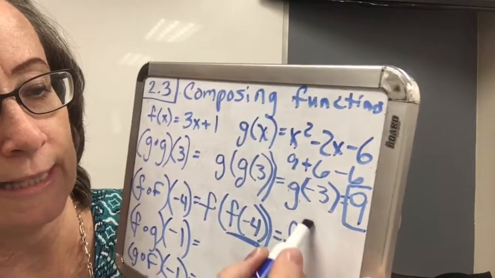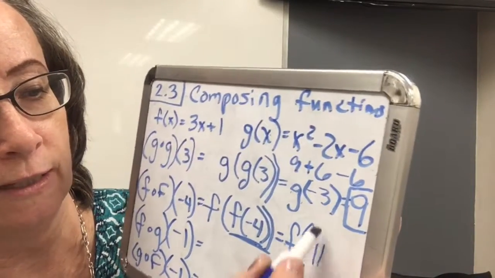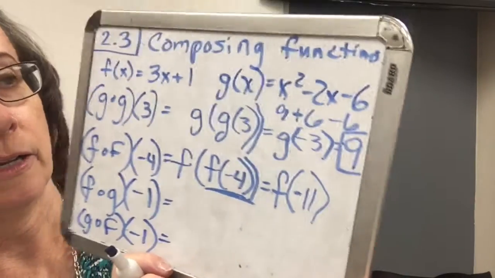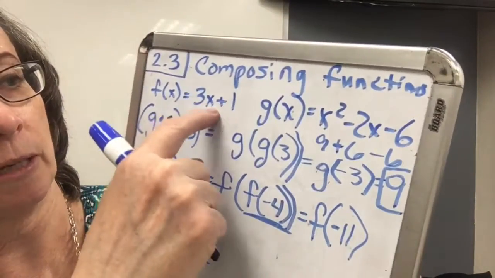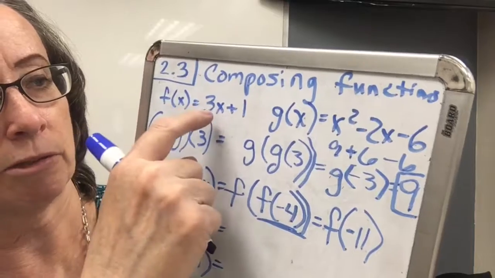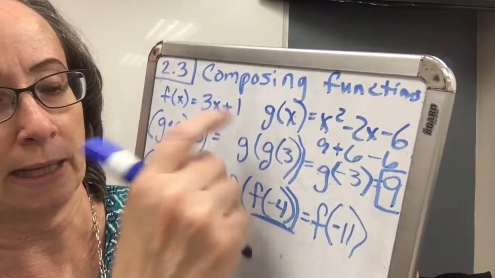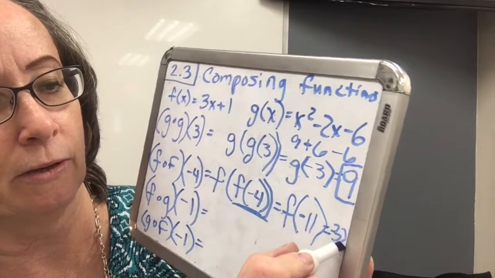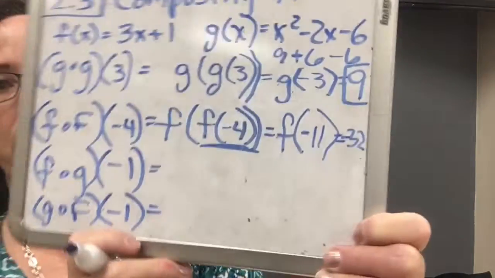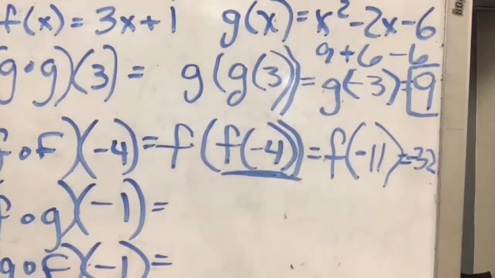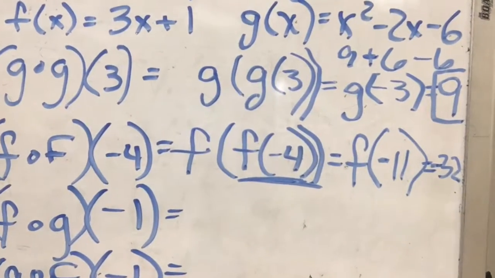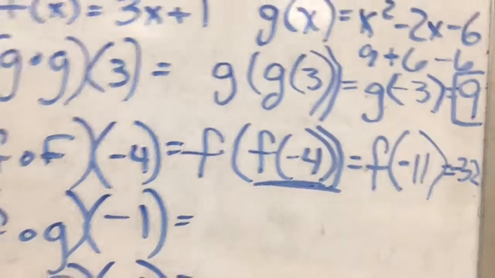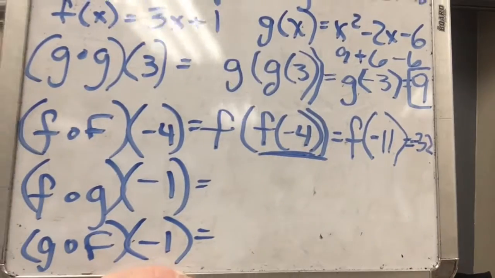So now we're saying that's f of negative 11, and we're halfway there. So now we're going to take that f function and plug in a negative 11, which will be a negative 33 plus 1, a negative 32. Okay, so look at that one. That is f of f of negative 4, and negative 32 is the correct answer.